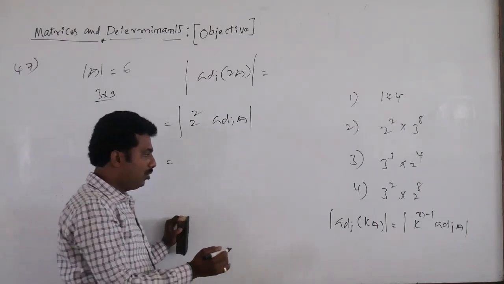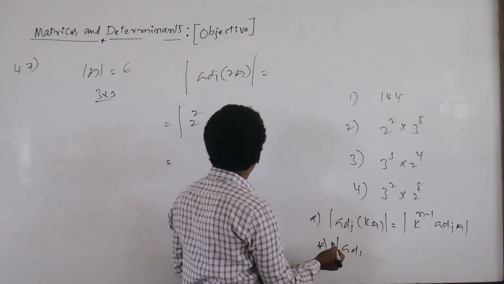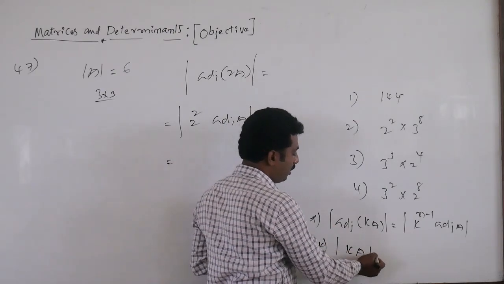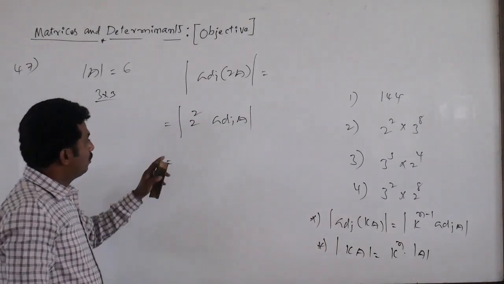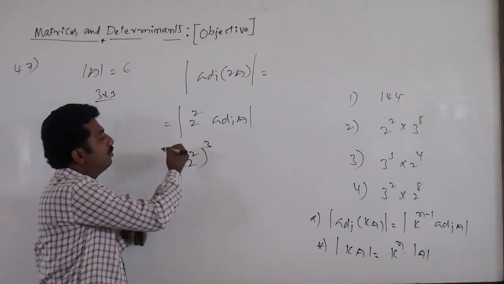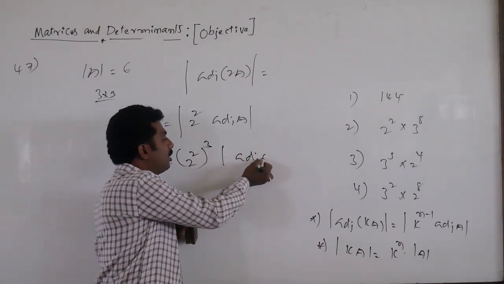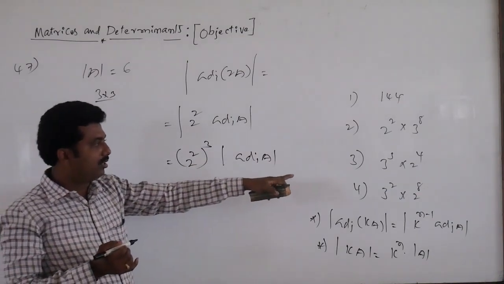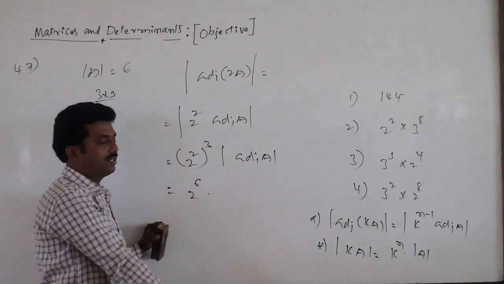Again from this, one more formula: the determinant of k into a matrix is k to the power n into determinant of A. So for 2 square whole cube, the power n means 3, into determinant of adjoint of A. Here I am not simplifying because the options are in terms of powers of 2 and 3, so this is 2 to the power 6.